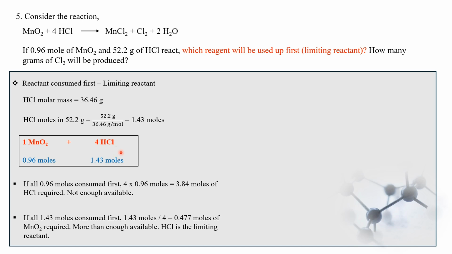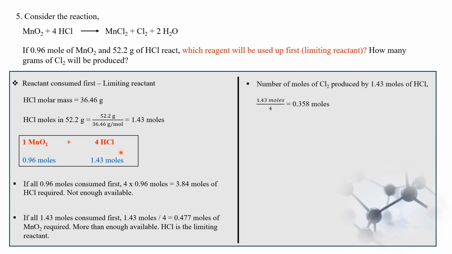Let's go to part 2. How many moles of Cl2 produced? How many grams of Cl2 produced? What is the connection between the number of moles of Cl2 produced and HCl? Let's go to the equation. 4 moles of HCl reacted to produce 1 mole of Cl2. Again, the molar ratio is 4 to 1. 4 amount needs 1/4 amount of Cl2. Then 1.43 HCl reacted means 1.43 divided by 4 amount of Cl2 produced.